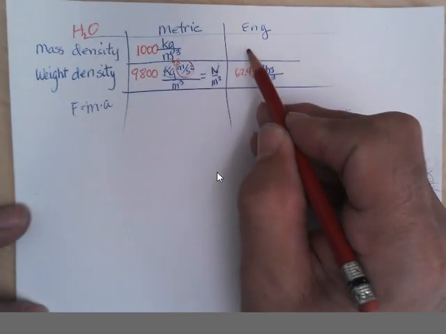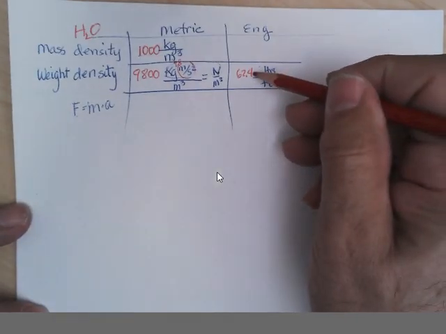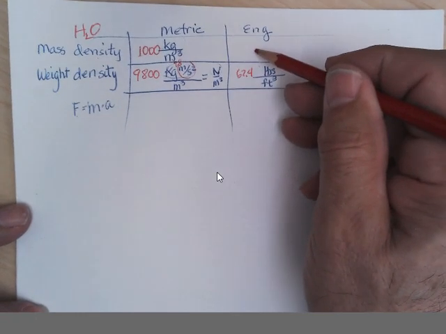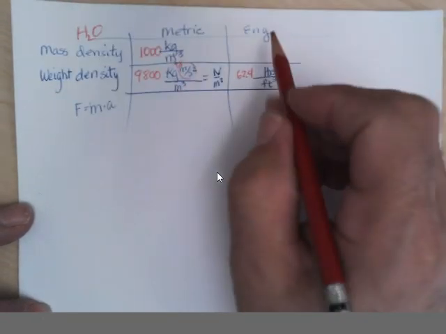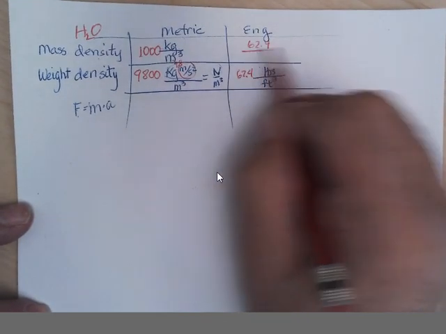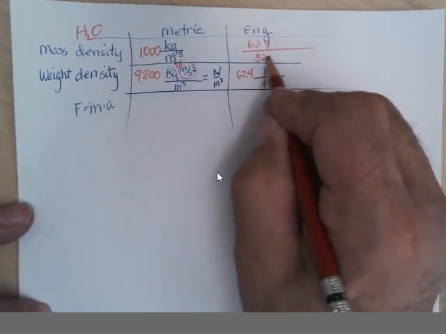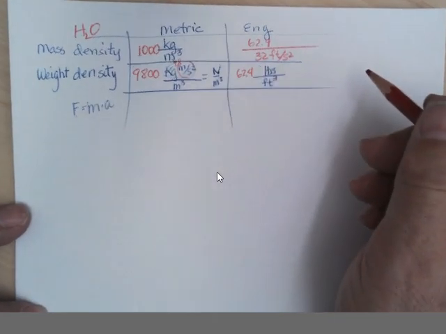If we wanted to go back to here, we'd have to divide by the acceleration due to gravity, in feet per second squared, and that is 32 feet per second squared.